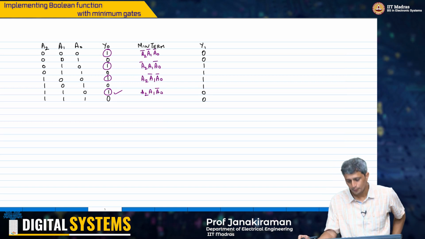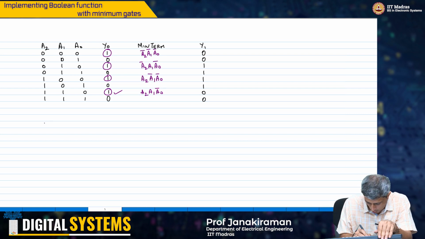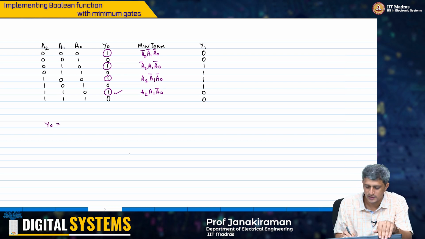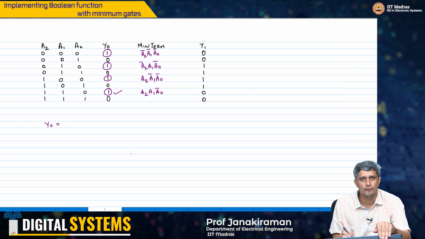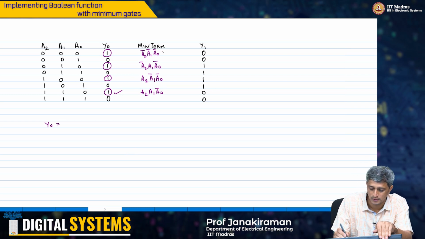So the function Y0 is now going to be the sum of products of these minterms.